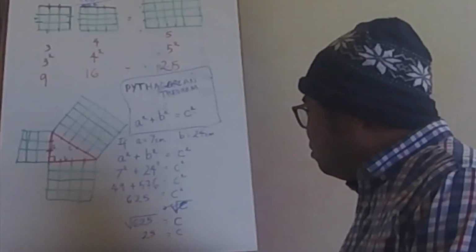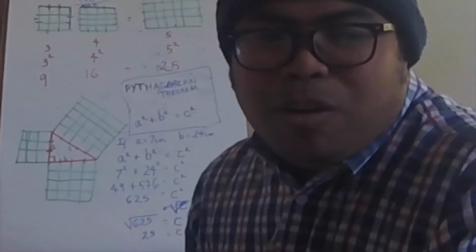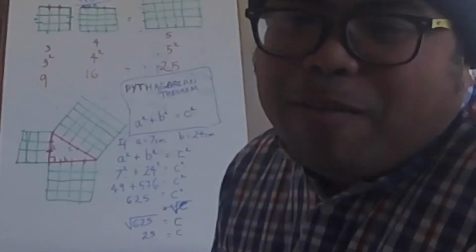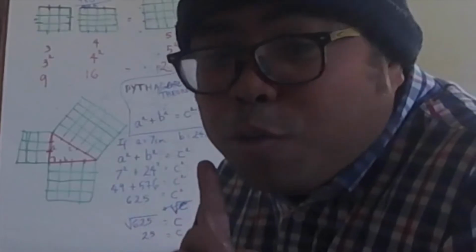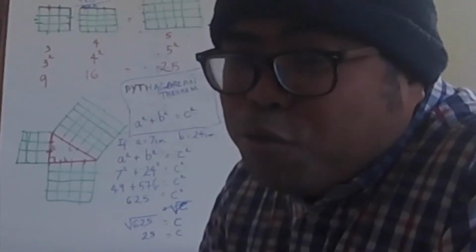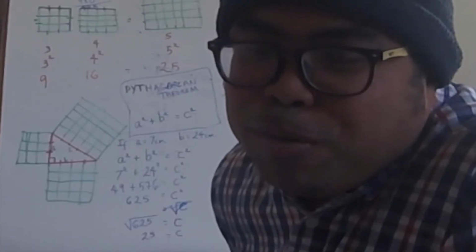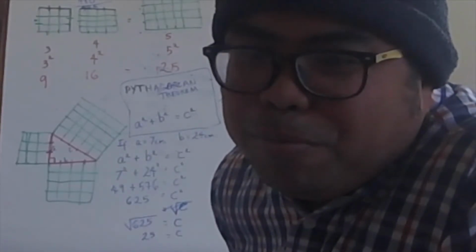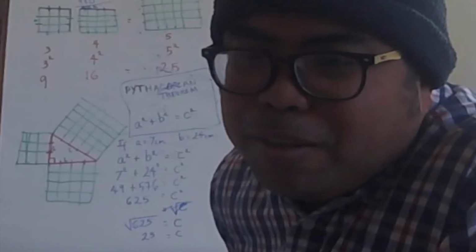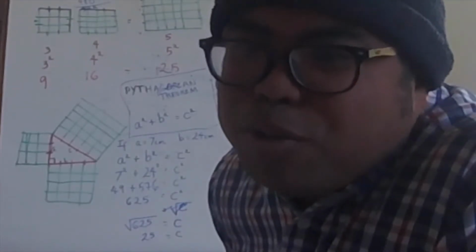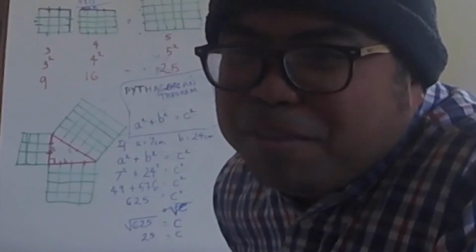Yeah, that is right. But if it was a number that we didn't know, how would you find the square root? Well, you have to have the list. This is the crude way: you have a list of square numbers with you. Otherwise, use a calculator.